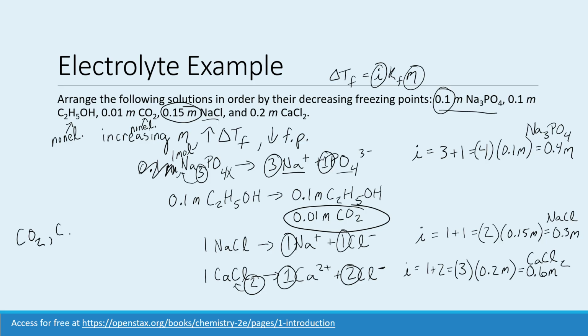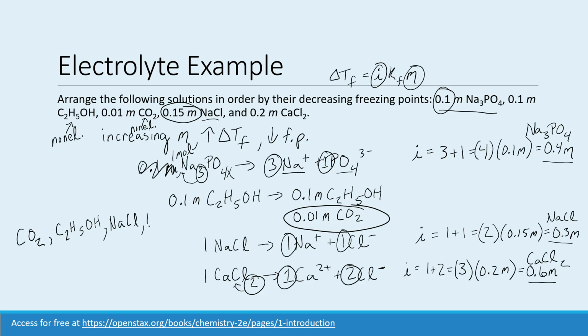And then next, I believe we have the ethanol. Okay, and then the rest of them, we should be looking at the 3 electrolytes. We've got the 0.4, 0.3, and 0.6.